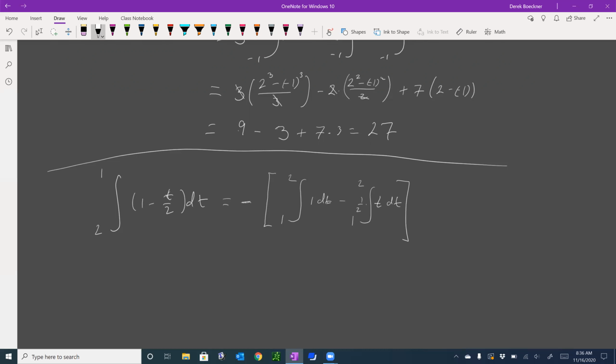Are we good with that split? Okay. Now I can evaluate. So I got a minus all this stuff. The integral from 1 to 2 of 1 is 2 minus 1. Then I've got minus, I've got a 1/2. I've got a t, which goes to 2 squared minus 1 squared over 2.